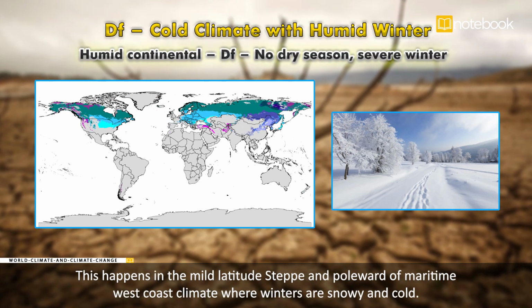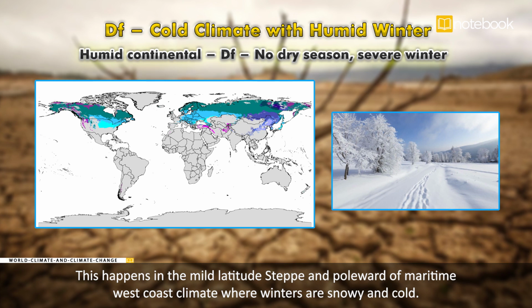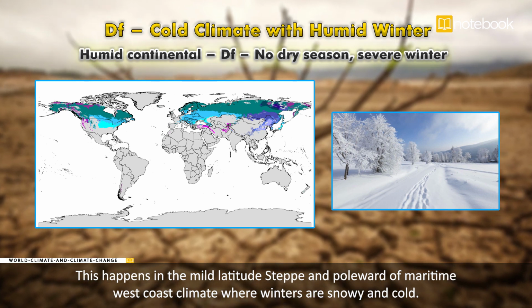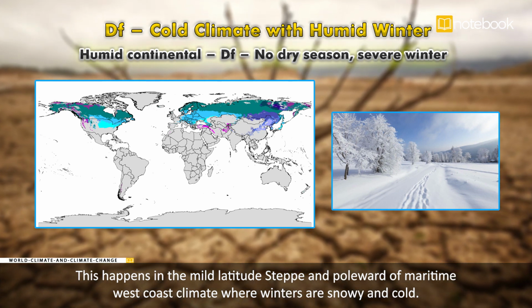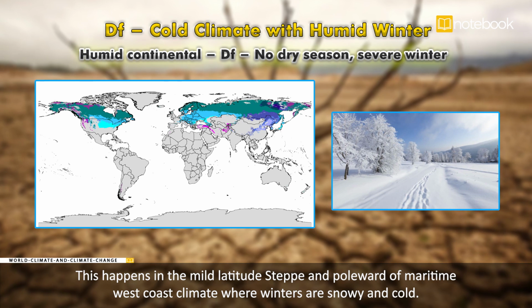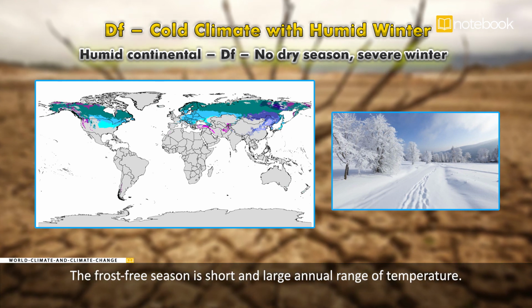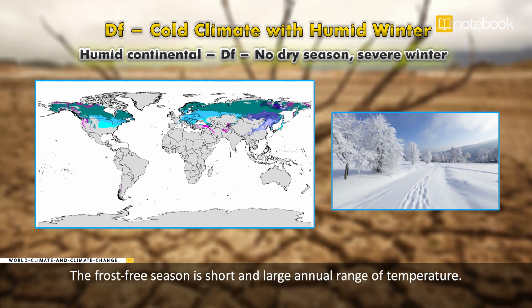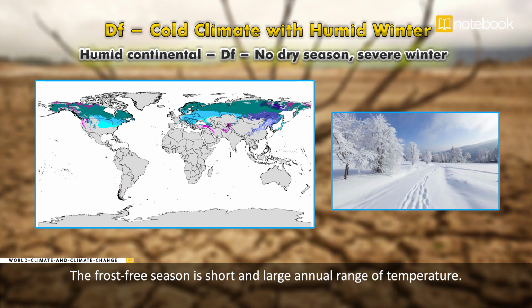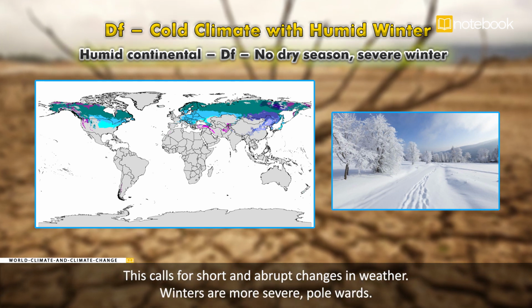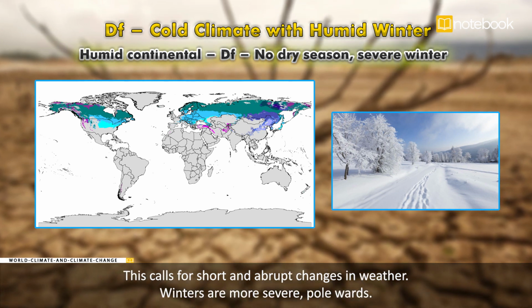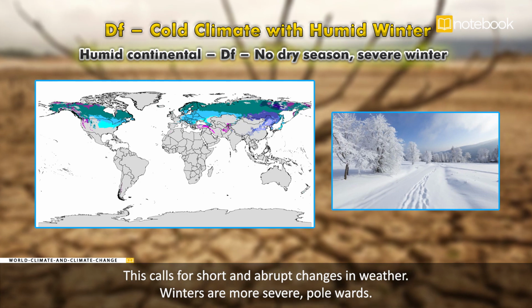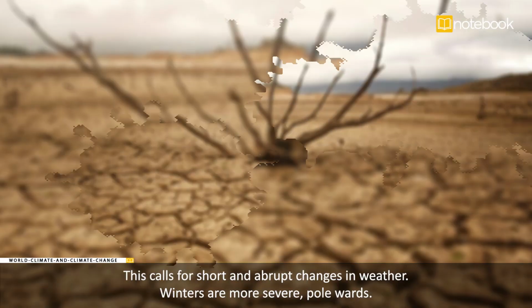This happens in the mid-latitude steppe and poleward of maritime west coast climate, where winters are snowy and cold. The frost-free season is short and the annual range of temperature is large. This calls for short and abrupt changes in weather. Winters are more severe polewards.